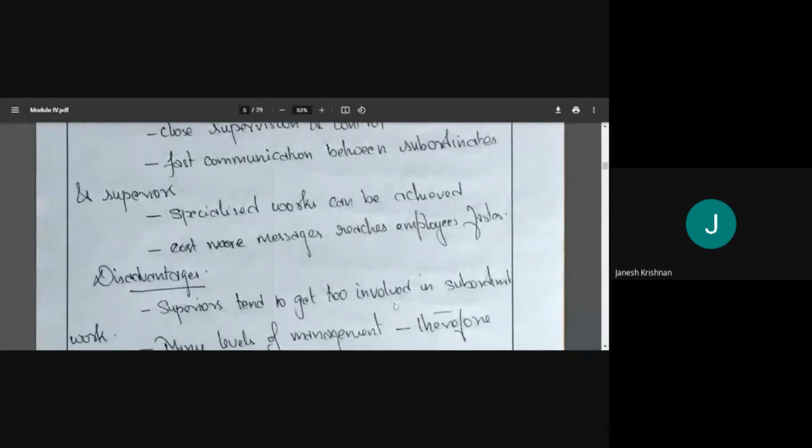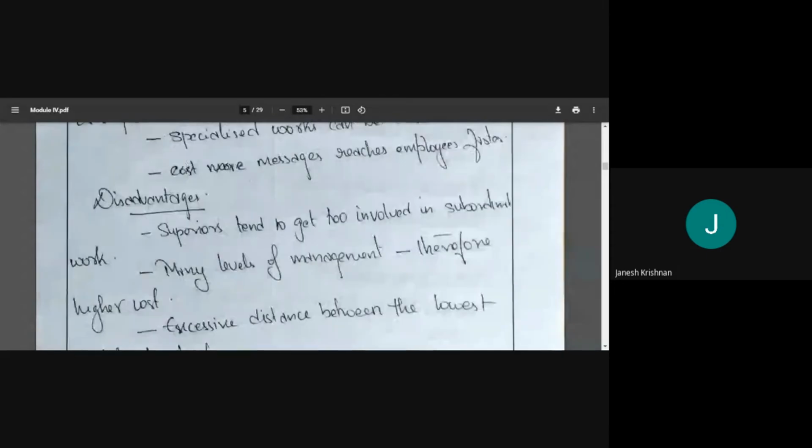Disadvantages means the superior tends to get involved in subordinate work because he can oversee them very closely. He may get too involved in your work. Then as the levels of management increase, because narrow means levels will increase, therefore cost will be higher.